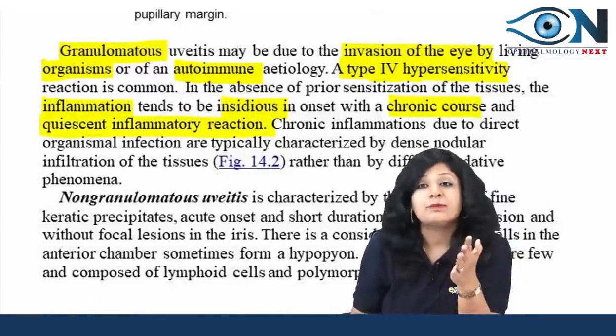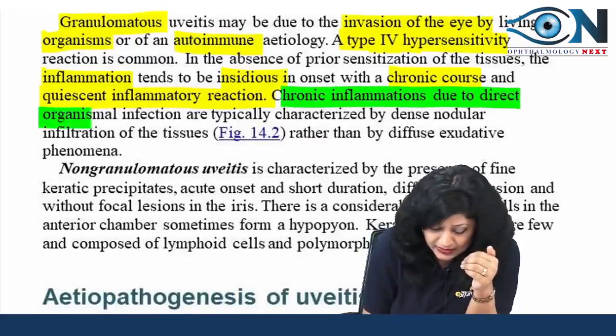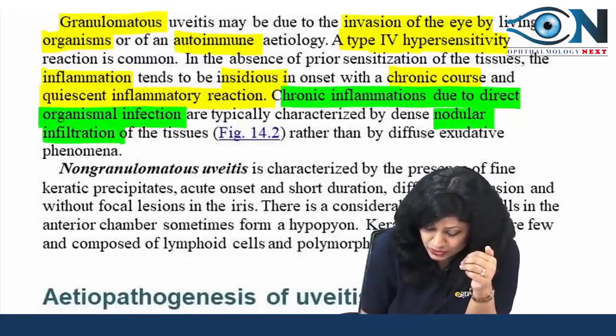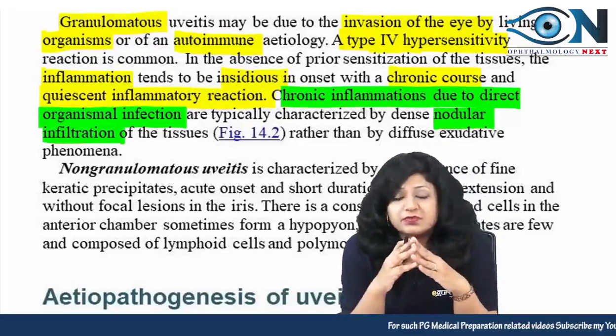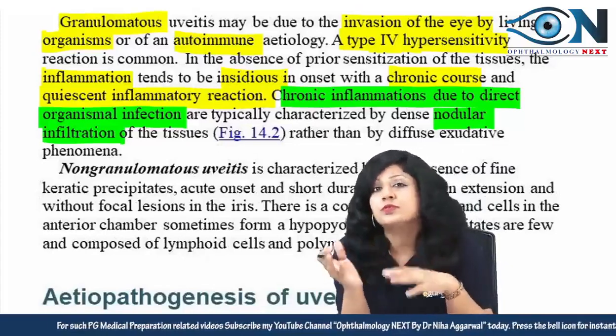Now, if I talk about the chronic one, we have chronic inflammation due to direct organismal infection, and there will be dense nodular infiltration rather than diffuse exudative. So when you are having granulomatous inflammation, what are the things you are going to think of?